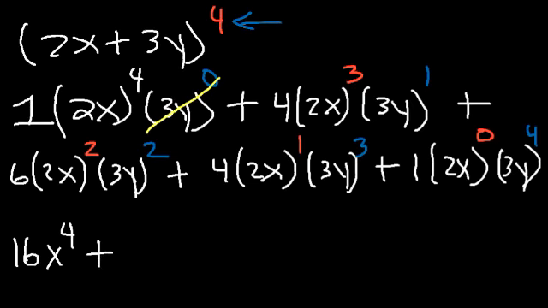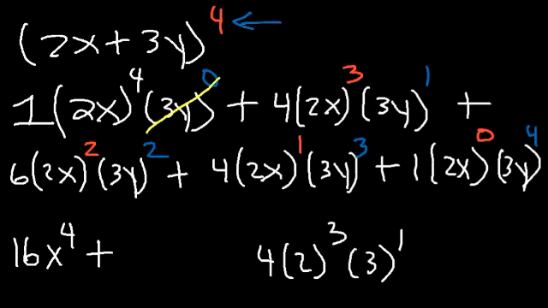What is the coefficient of the next term? The coefficient is not simply 4. It's going to be 4 times 2 to the 3rd power times 3 to the 1st power. You have to incorporate these numbers, because sometimes you might get a question that asks you, hey, what is the coefficient of the second term? And it's not simply 4.